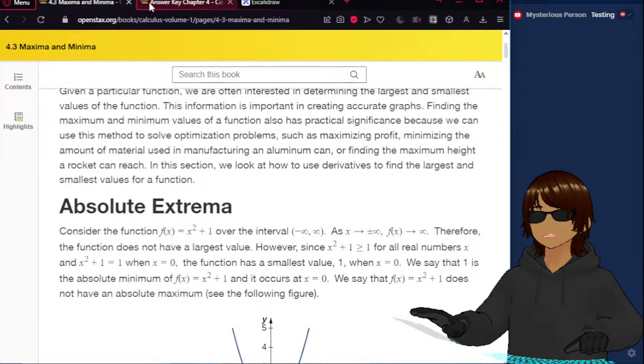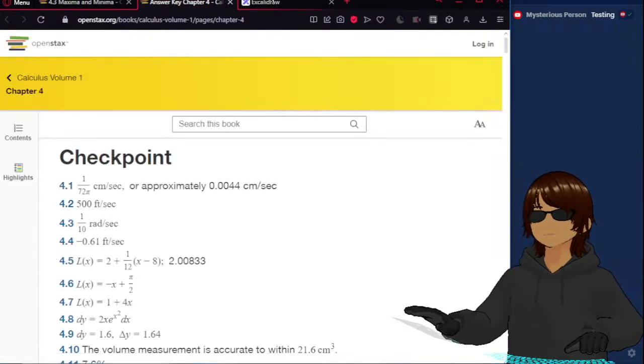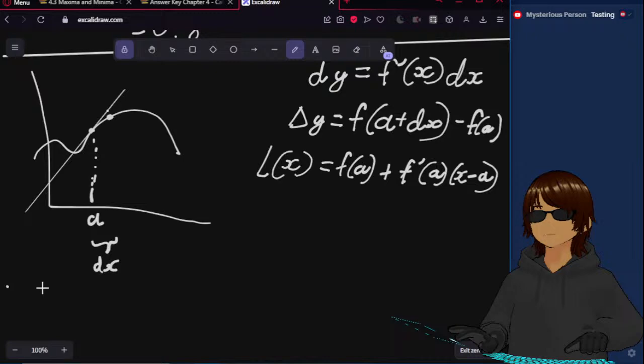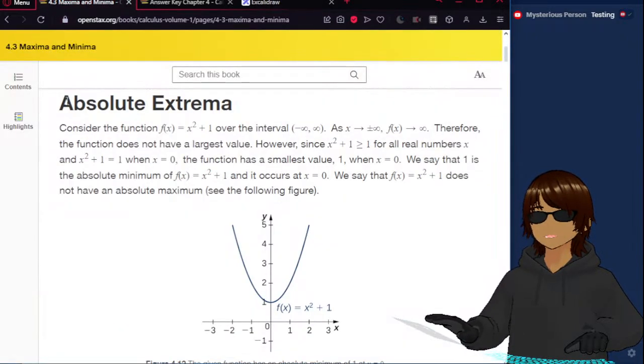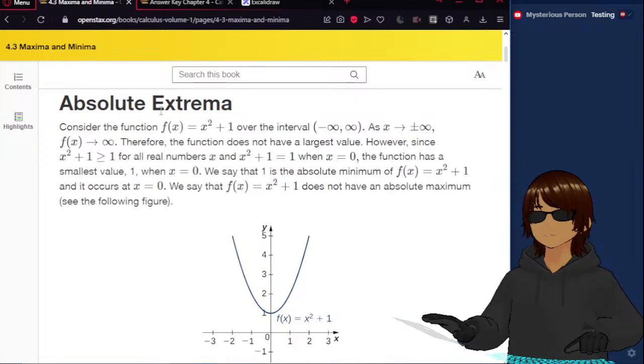Okay, maximum and minima. Absolute extrema. Consider the function x squared plus 1 over the interval minus infinity to infinity. As x approaches either infinity, f of x approaches infinity. Therefore, the function does not have a largest value.